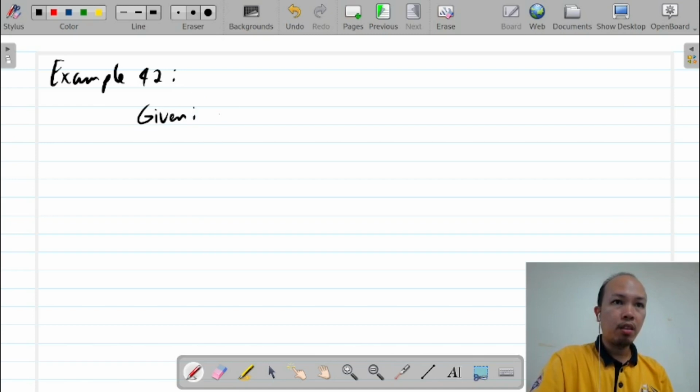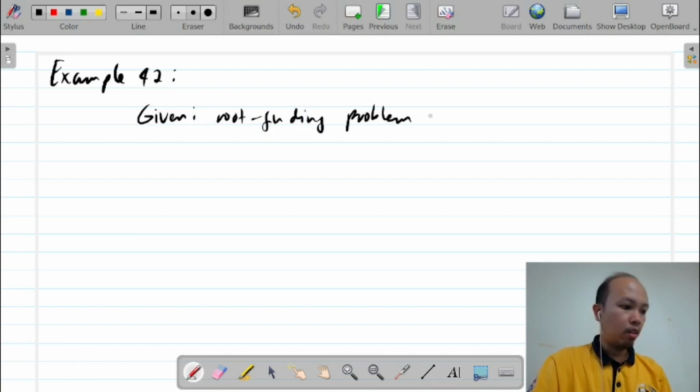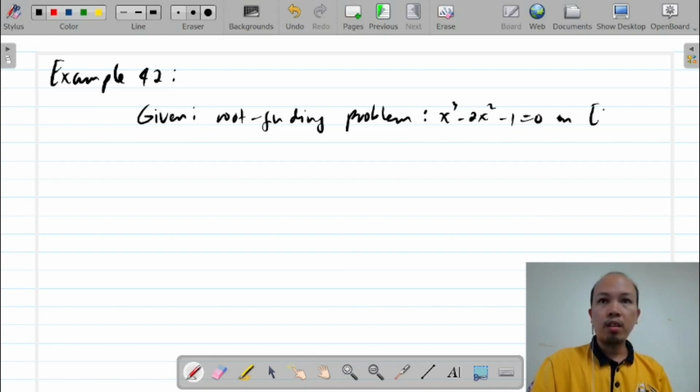We have here the root finding problem: x cubed minus 2x squared minus 1 is equal to 0 on the closed interval [1, 3].